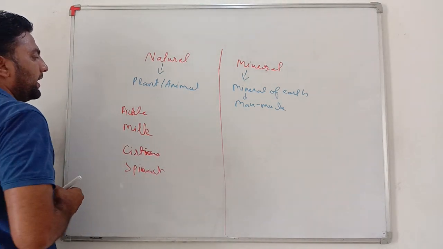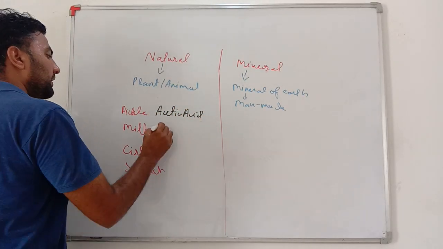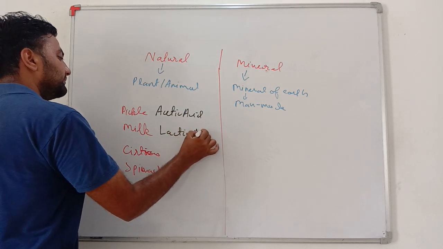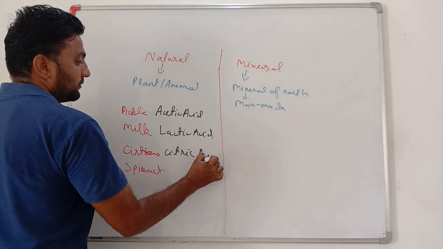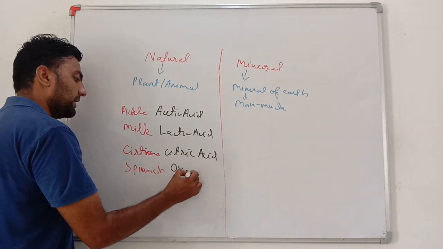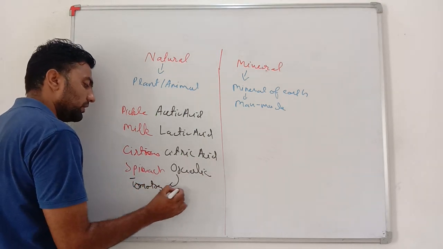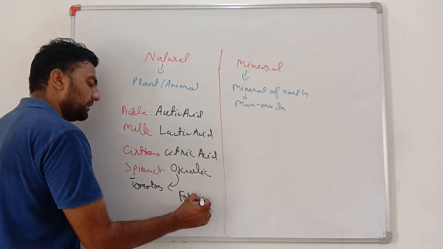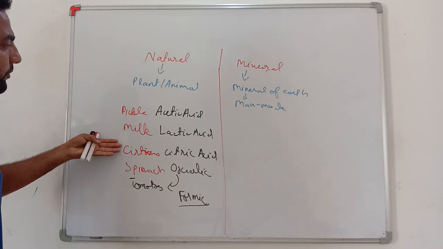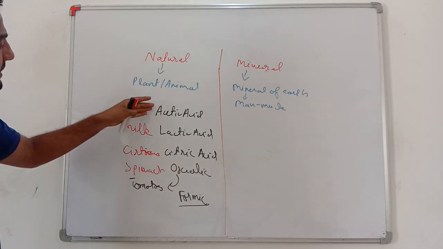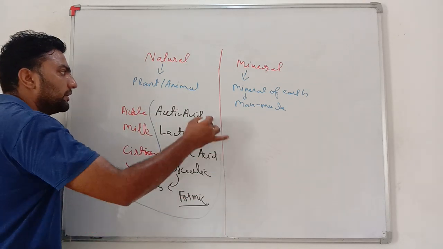Pickle has acetic acid in it, milk has lactic acid in it, citrus fruits have citric acid in them, spinach has oxalic acid in it, tomatoes also have oxalic acid in them, formic acid is present in ant sting. See my dear student, all these things we are getting from plants and animals, and they contain these acids. These are known as organic acids.